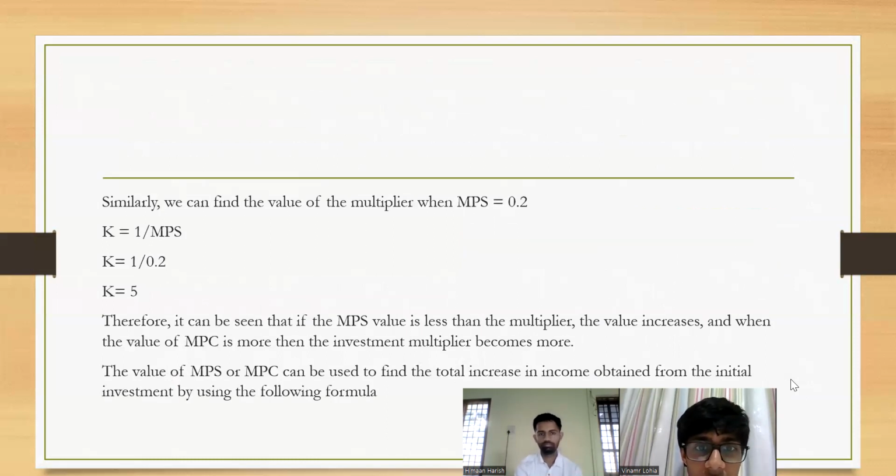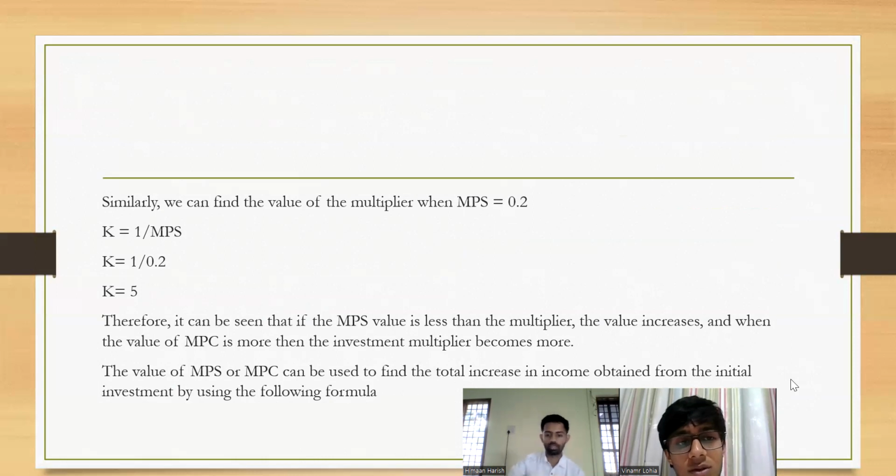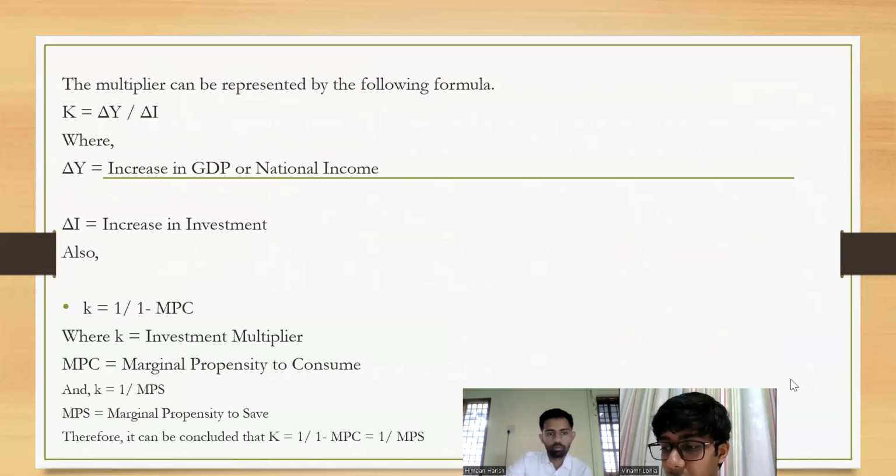Similarly, we can find the value of the multiplier when MPS, marginal propensity to save, is equal to 0.2, where K is equal to 1 by MPS. K is also known as the investment multiplier, right?